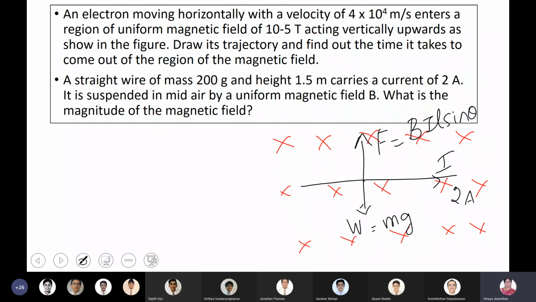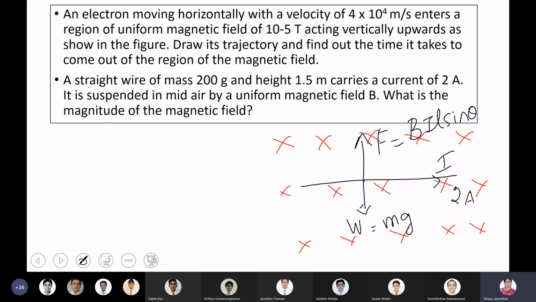Then stretch the center finger along the direction of the current. Then naturally, your thumb will be pointing upwards, forefinger into the plane of the computer monitor, center finger along the direction of the current, along the plane of your monitor. Then your thumb will be stretching upwards, which means the force is acting in the upward direction.